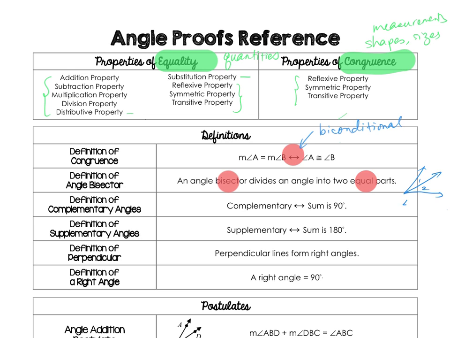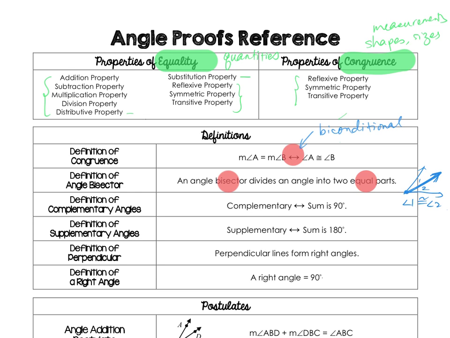So we can say angle 1 and angle 2 are congruent, and therefore this dark blue ray in the middle is an angle bisector. Definition of complementary angles, and again, this is a two-way arrow. It's an if and only if. It's biconditional.